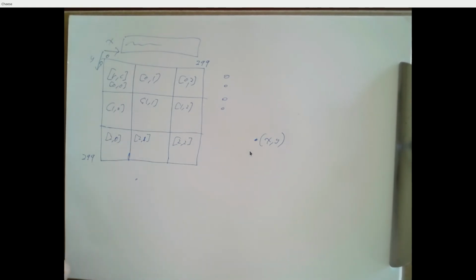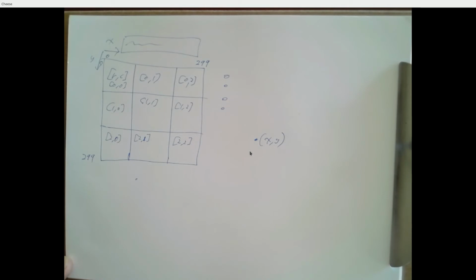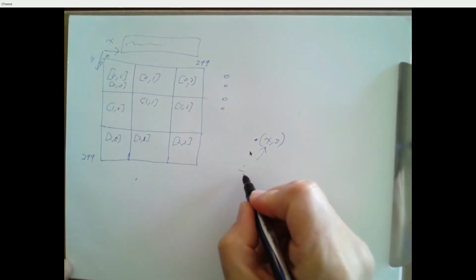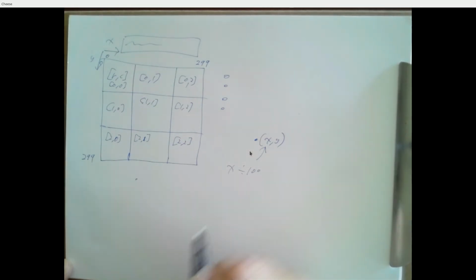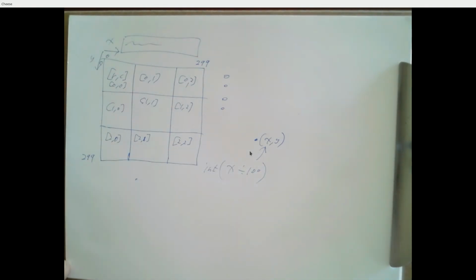Divide the length by 3. Okay, divide the length by 3. So let's say 300 over 3 is 100. Divide the X coordinate by 100 and take the integer value.